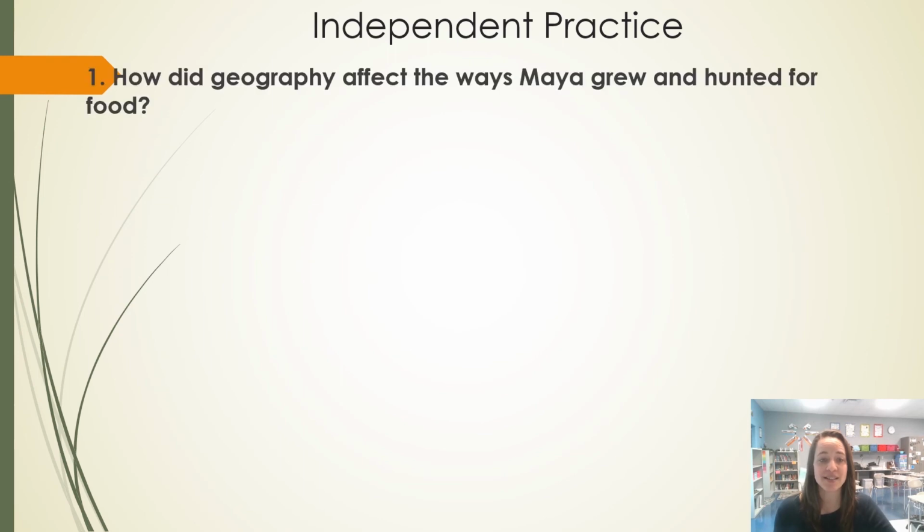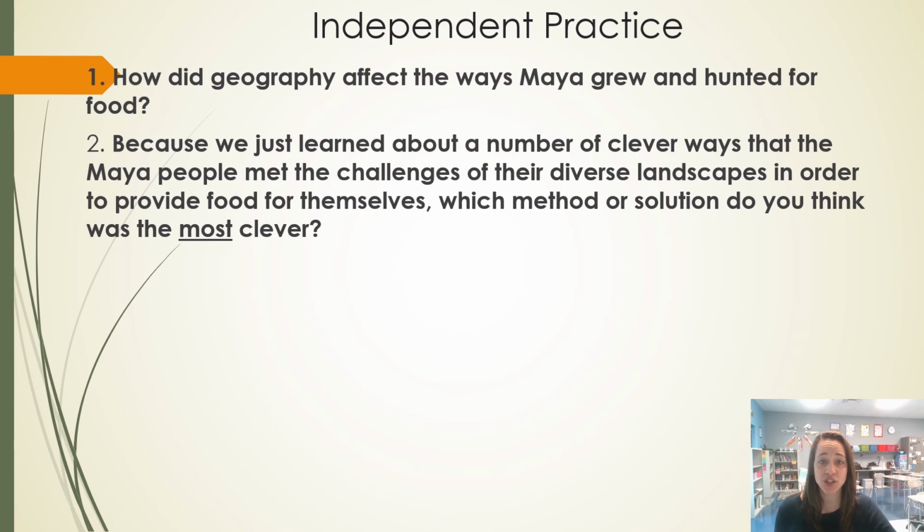Here are the questions. Number 1, how did geography affect the ways Maya grew and hunted for food? Question 2, because we just learned about a number of clever ways that the Maya people met the challenges of their diverse landscapes in order to provide food for themselves, which method or solution do you think was the most clever?